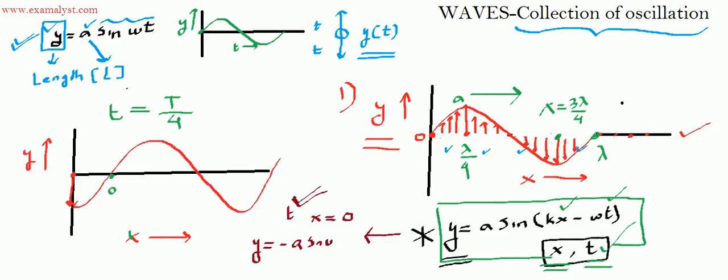So if you ignore the minus sign for a moment, which just represents the direction in which the displacement is happening, then you can see that the particle at x equals to 0 is following a simple harmonic oscillation equation.